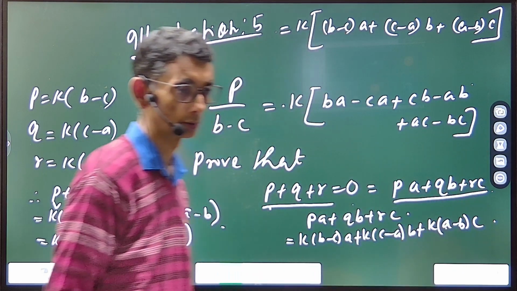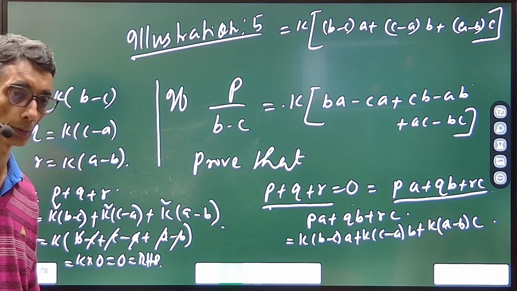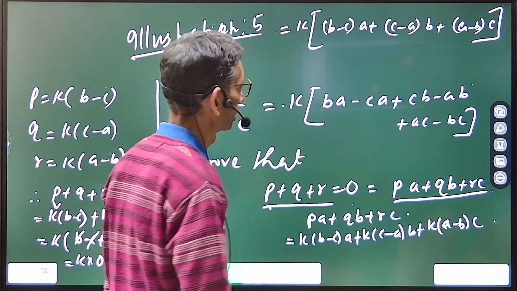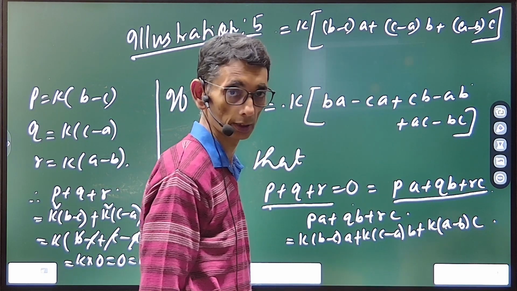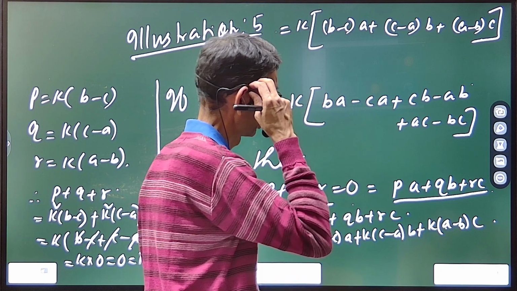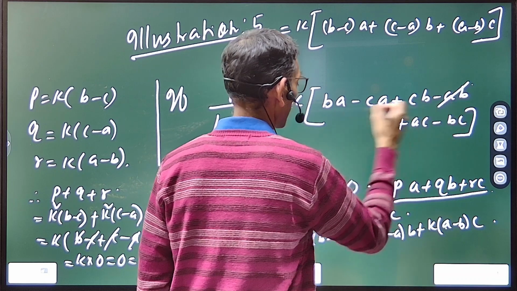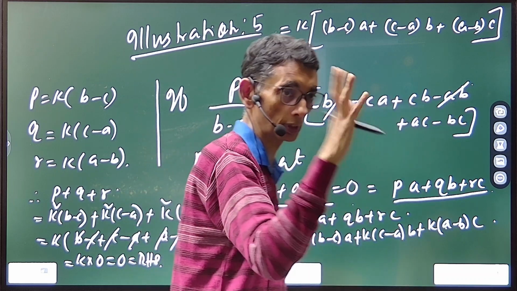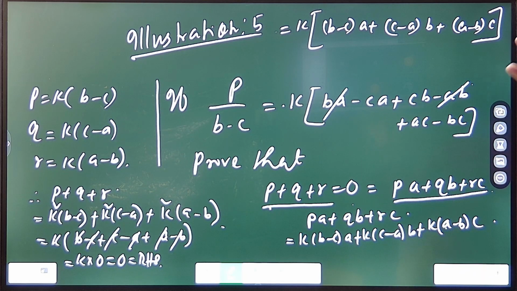Right, and then these will cancel out, they will always cancel out. Do you understand how I removed the brackets? Okay. Now BA and AB will cancel out. BA and AB are both the same, do you know this rule? What is that rule called? Why are BA and AB equal?